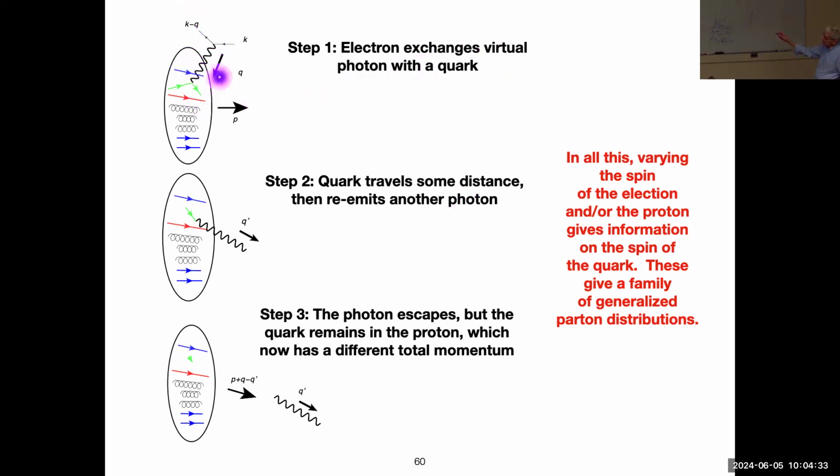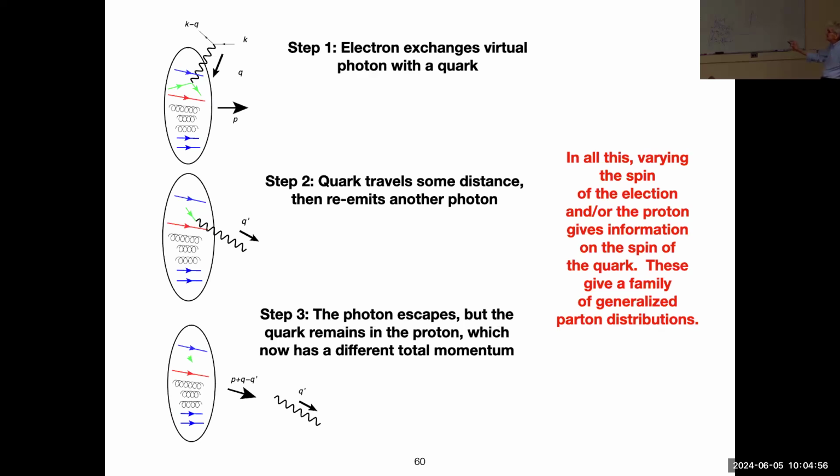So here it is, the quark's over here. Here's the electron, it skirts by. It says, here, take my photon. And so the quark does. The quark travels some distance, re-emits another photon. The photon escapes, but the quark remains in the proton, which now has a different total momentum. So it redistributes its momentum and the proton goes its merry way.